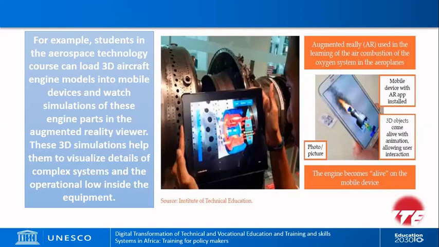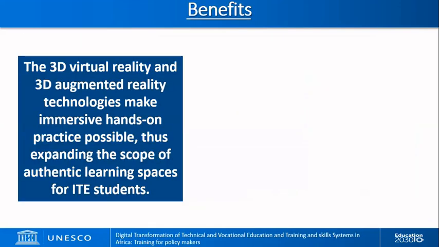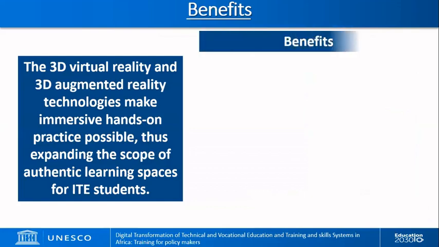This 3D simulation helps them to visualize details of the complex system and the operational flow inside the equipment. The 3D virtual reality and 3D augmented reality make immersive hands-on practice possible, thus expanding the scope of authentic learning space for ITE students.